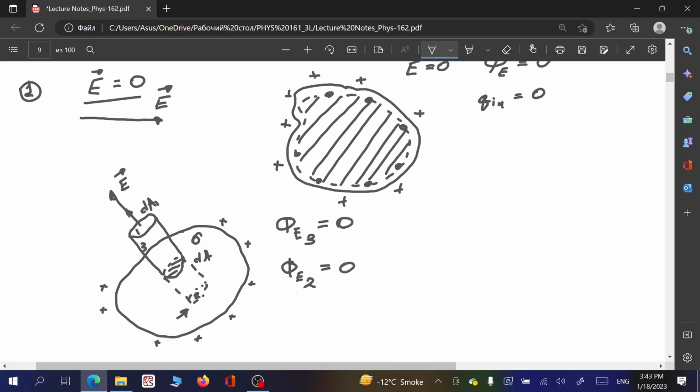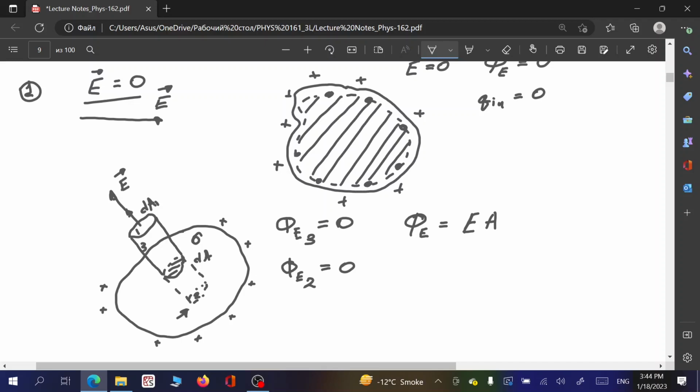So we state the total flux through this closed surface will be defined only by the flux of electric field through surface 1. So we can write that the total flux of electric field will be equal to the product of electric field magnitude and area of this side of the cylinder.